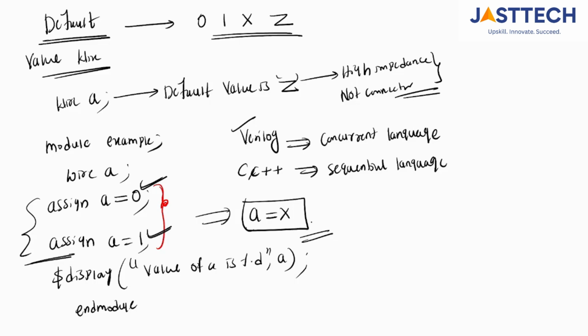For getting a value here, you need to use the var data type. Var means OR operation, the name itself says it.